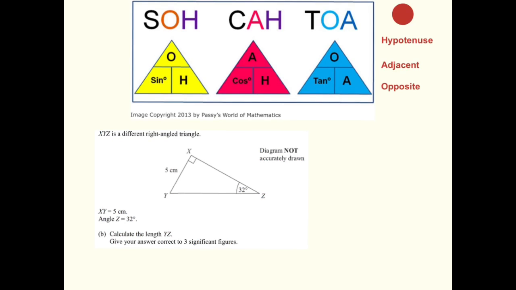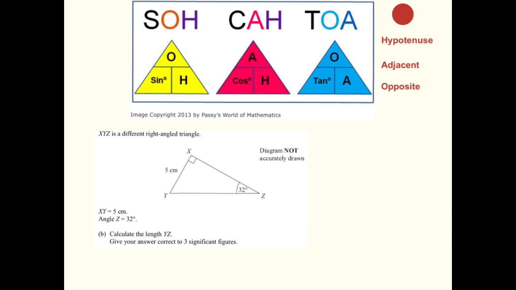This one's taken from an exam, but I need to do exactly the same thing as I did before. I've been given this side here, which is 5 centimetres. They say calculate the length of YZ. So I'm looking for Y, and I'm looking for where that finishes at Z. So they're asking me to calculate this bottom length here.